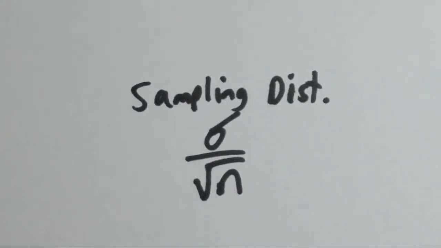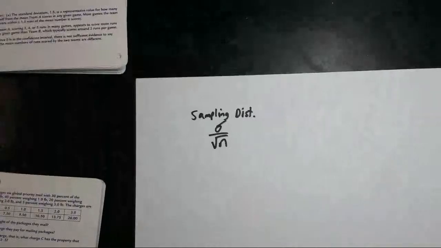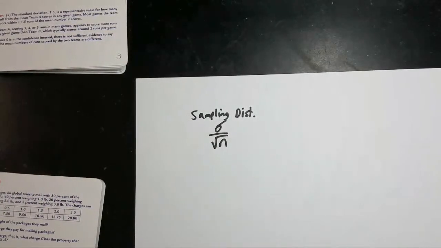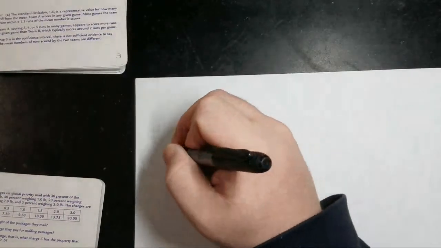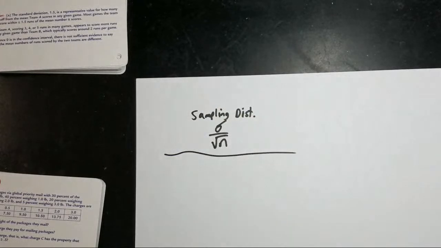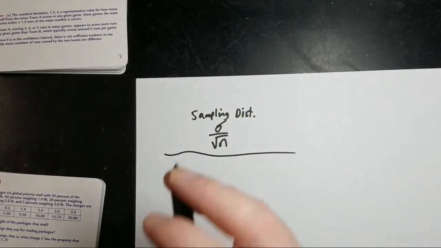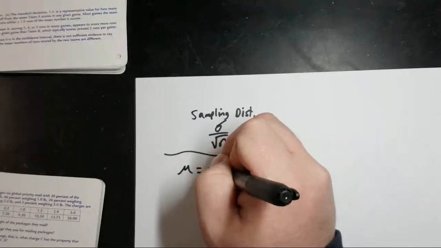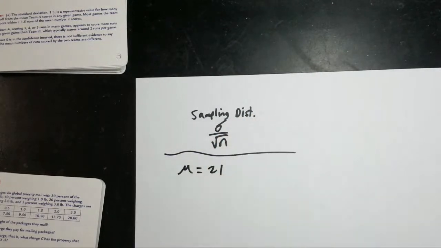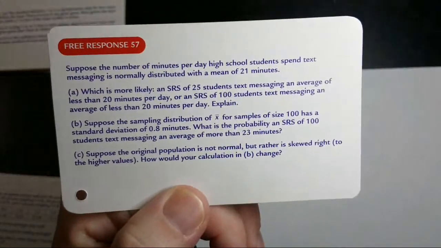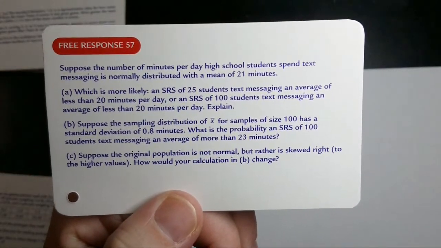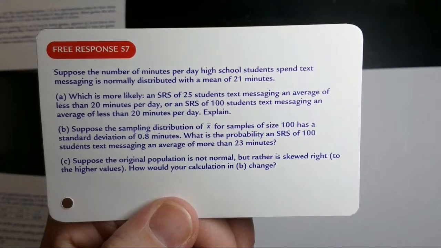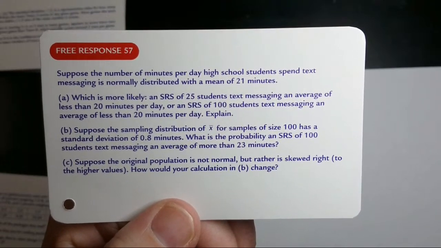I'm going to zoom out just a little bit. Good enough. Okay. So in terms of this calculation, they're assuming a mu of 21. Now, the way that they worded this, suppose the sampling distribution of x bar for samples of size 100 has a standard deviation of 0.8.